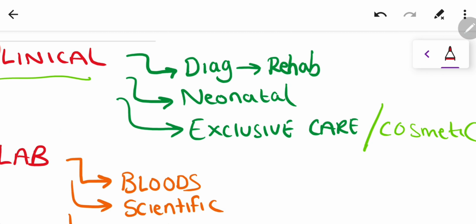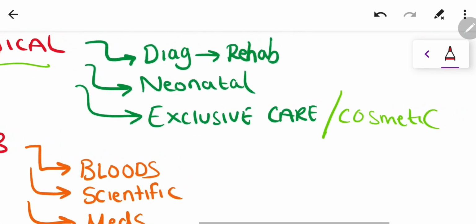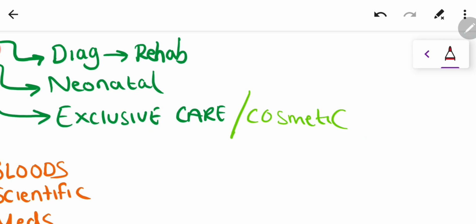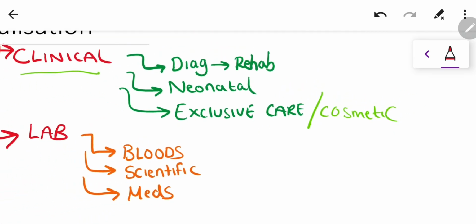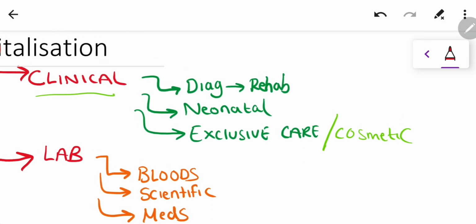Yeah. So I've just put diagnose to rehab. Second, neonatal care. Yeah. So care all to do with the pregnant mother and the kid. And third is exclusive care. So what I mean by that is, cosmetic care, things care which you can only get at the hospital.